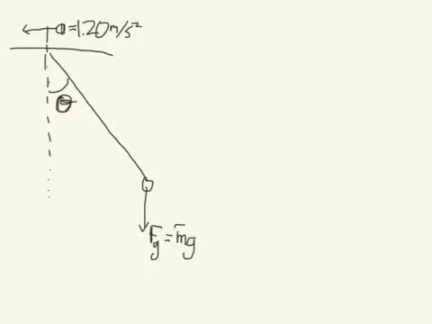So this is the mass times acceleration, the acceleration that the ball would be experiencing vertically if there weren't another force pulling in the opposite direction. That force is the tension force in the string here. So we'll call it Ft for tension, force of tension.